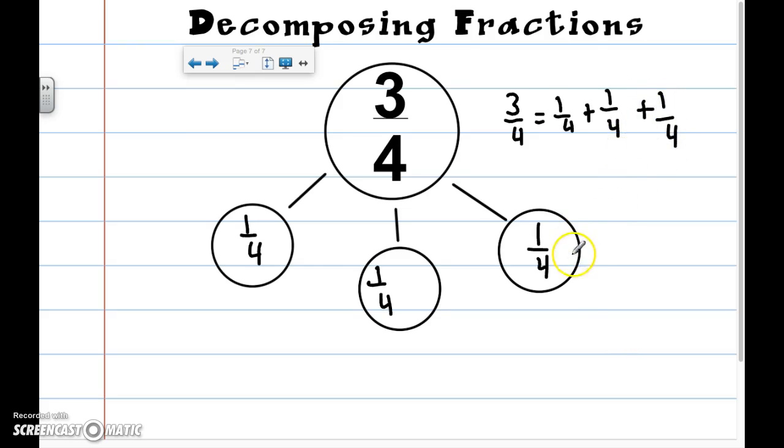And if you look at a strip diagram of that, this is 1/4 that I would shade in, and 1 more fourth that I would shade in, and 1 more fourth that I would shade in. So that means that I shaded in 3 out of the 4 pieces.